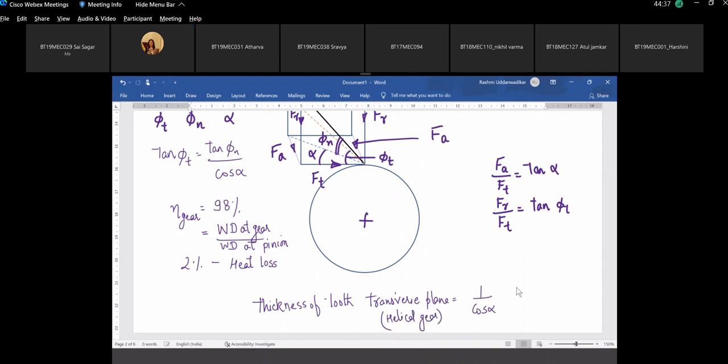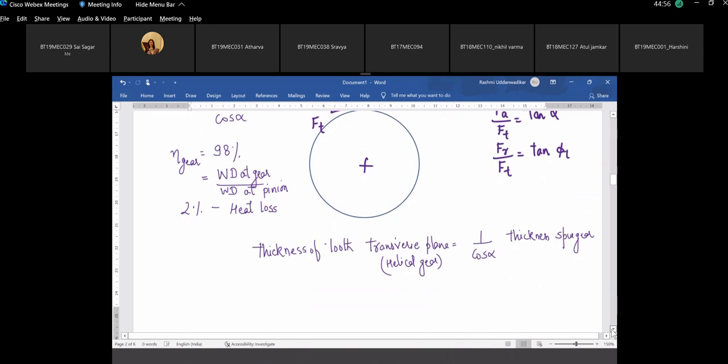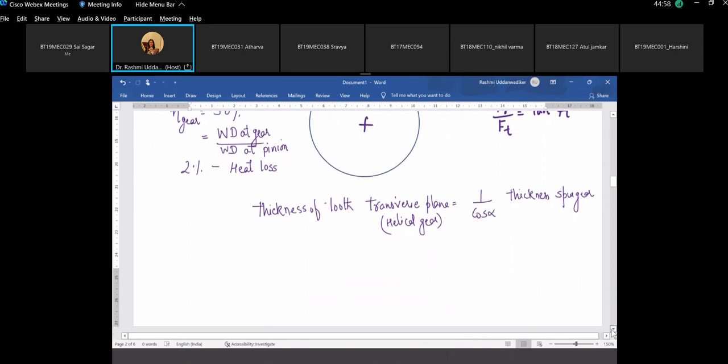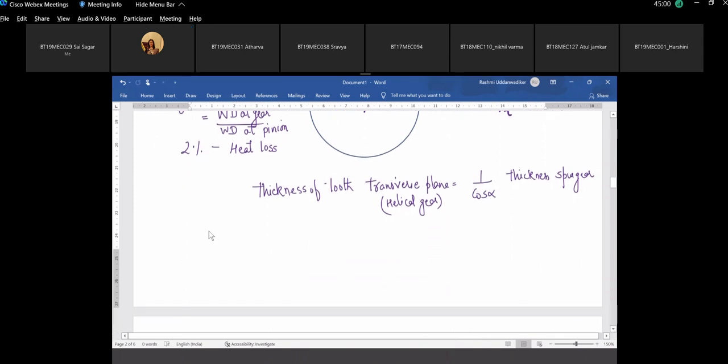It is 1 by cos alpha times the thickness of the spur gear. Everything remaining the same, the module could be same, the pitch could be same. But this makes a helical gear of same pitch stronger than the spur gear. Now coming to the design of the helical gear.